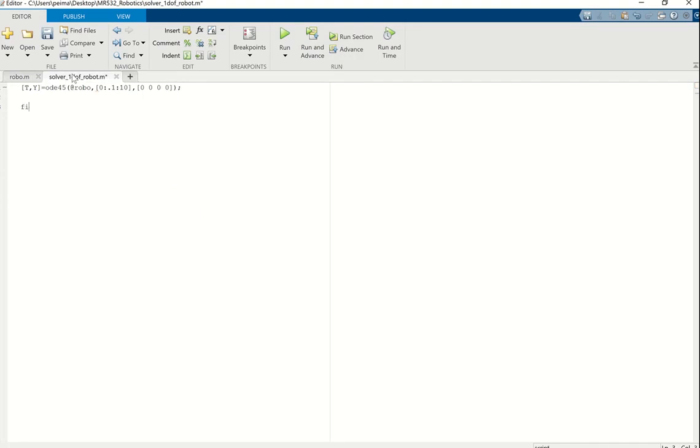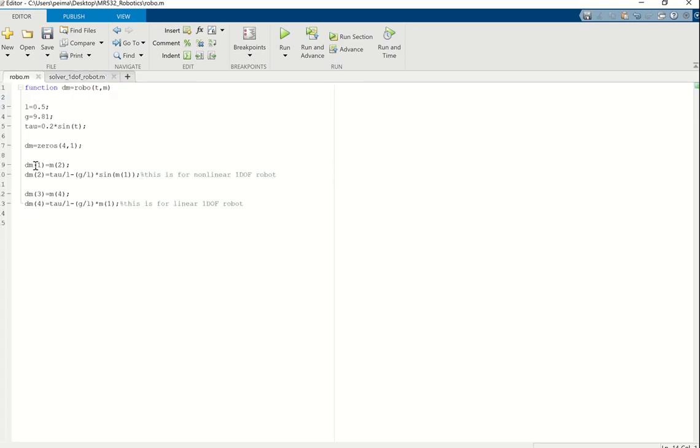So I'm gonna now plot it. Figure 1, plot total time, Y capital, all rows and the first column, multiplied by 180 divided by pi, because it gives you radians. You have to change it to degrees so that it gives you better visualization. Y1 because you want to see the first angle, M1.